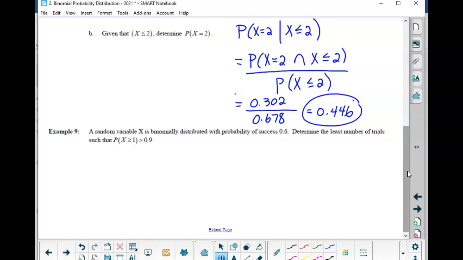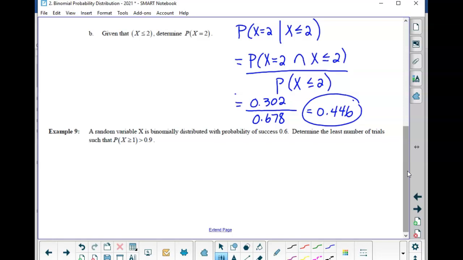Now, this one here, because they don't give you the formula, you're just going to use trial and error on your calculator. You can also use algebra from that original formula for the probability, but in this case I don't think they're going to ask you, so then choose different values of n. But again, set up your equation.